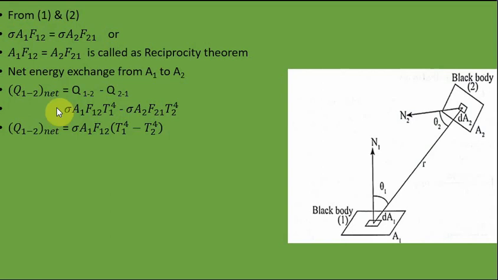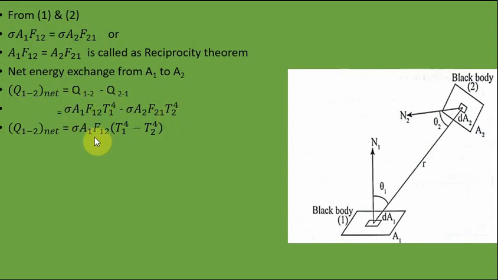The net energy exchange from A1 to A2 is the energy emitted from A1 minus the energy emitted from A2. That means Q12 minus Q21, which is equal to this equation.